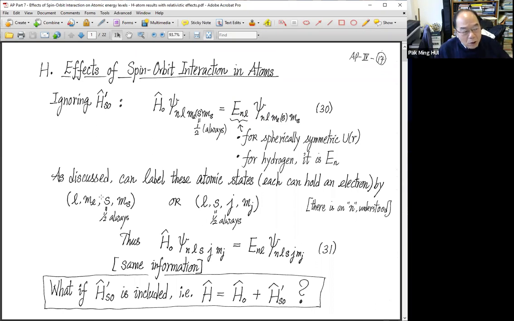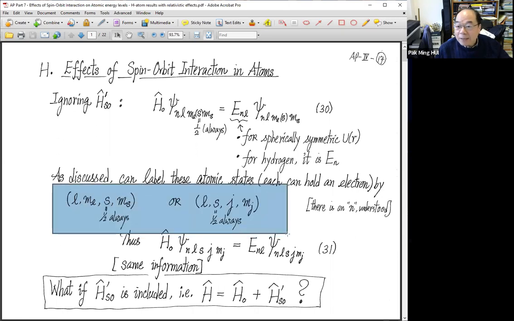Two sessions ago, we learned that this is one description, but we can add orbital angular momentum to spin angular momentum to become total angular momentum and its Z component. So this is another description. They describe the same set of states, no more, no less. It's just a linear combination of one another.